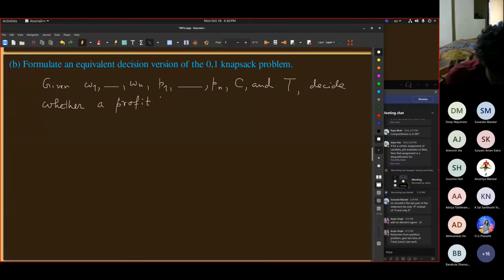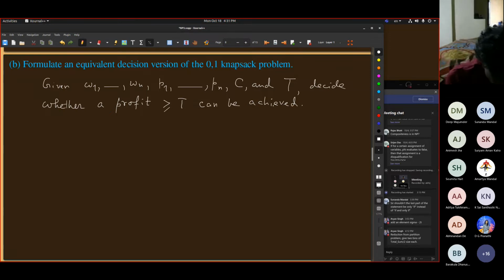In fact, why? We will see. I will say profit greater than or equal to T, that is the target, can be achieved. Equality is not a good option here.